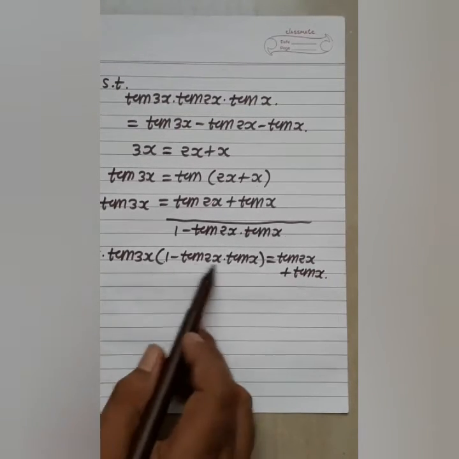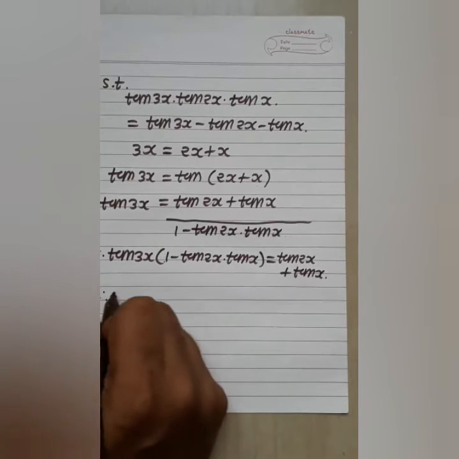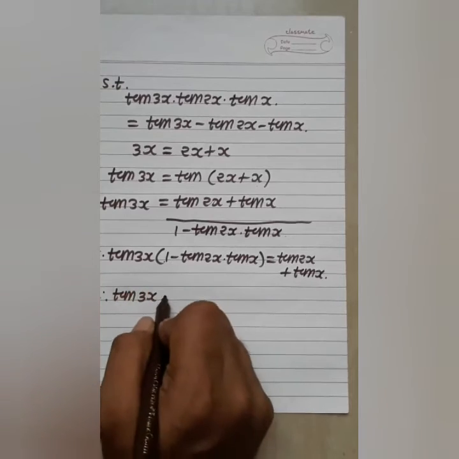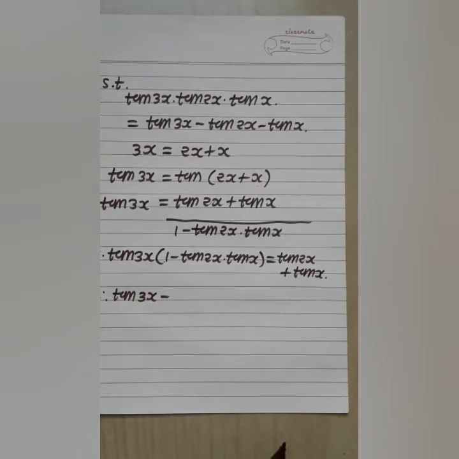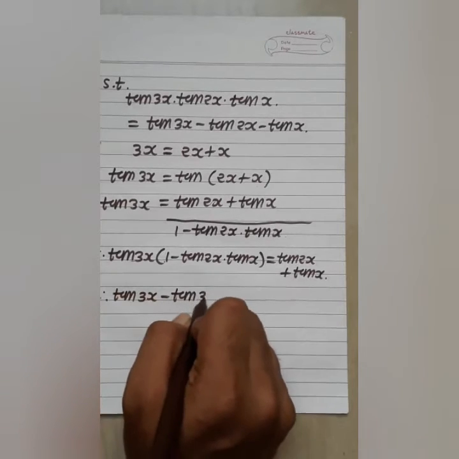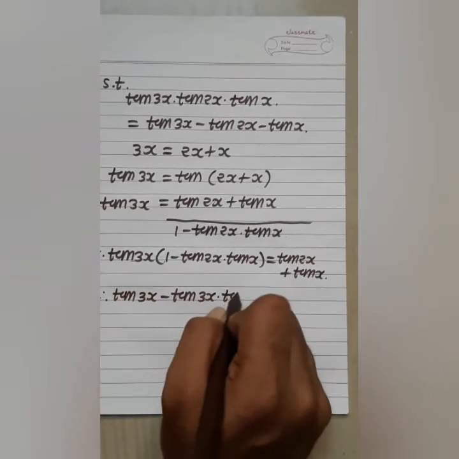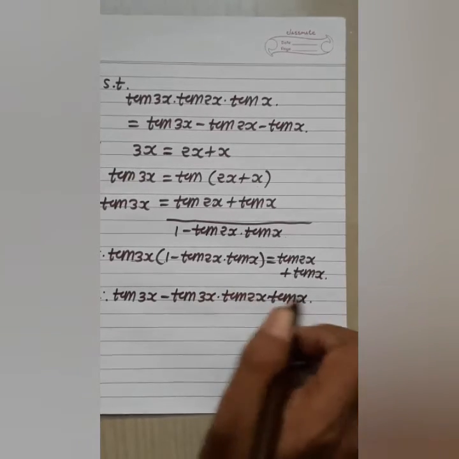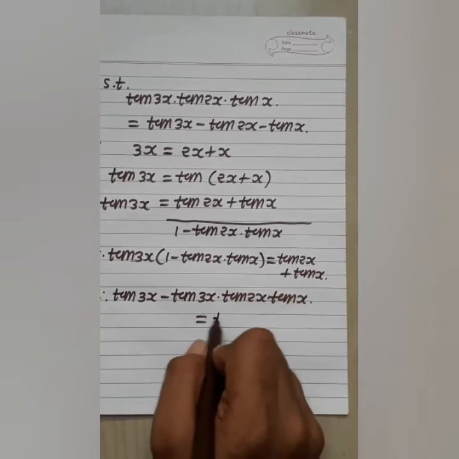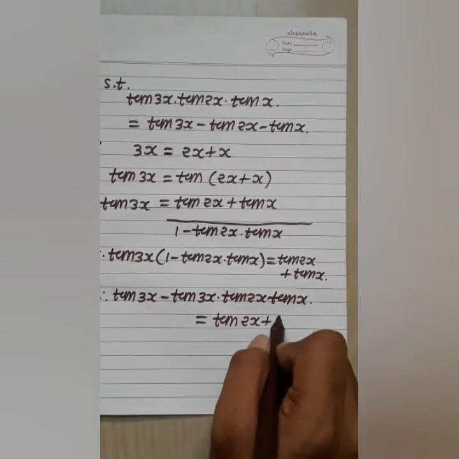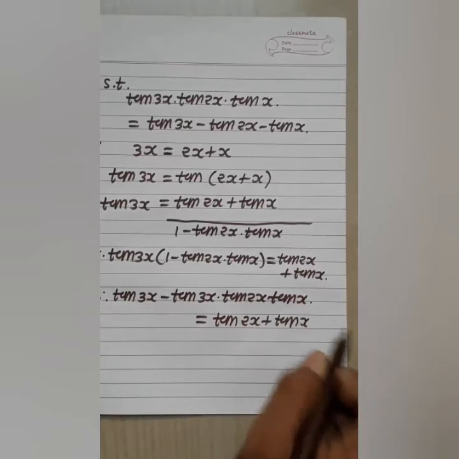So tan 3x multiplies both these terms. So therefore tan 3x into 1, that means tan 3x, minus here we write tan 3x into tan 2x into tan x is equal to tan 2x plus tan x.